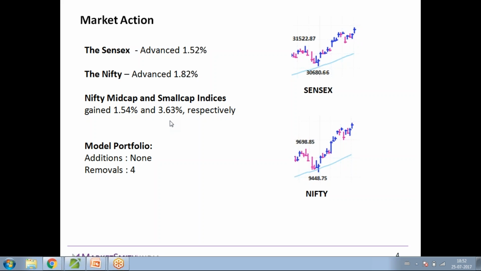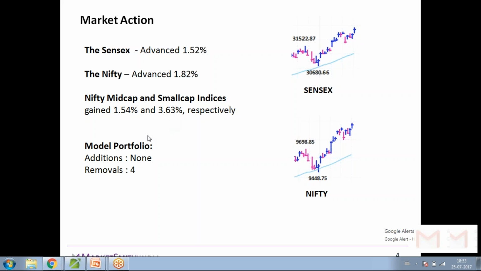If you are able to follow your buy rules and sell rules in a proper way, there is a good opportunity that your portfolio performance can exceed the performance of the Sensex or the Nifty or even the broader indices. So that's one key takeaway from the market action witnessed in the last fortnight.